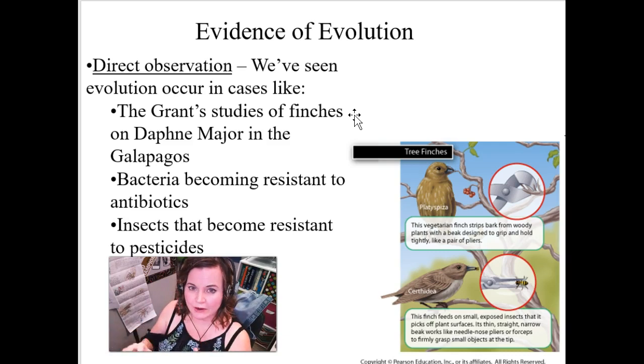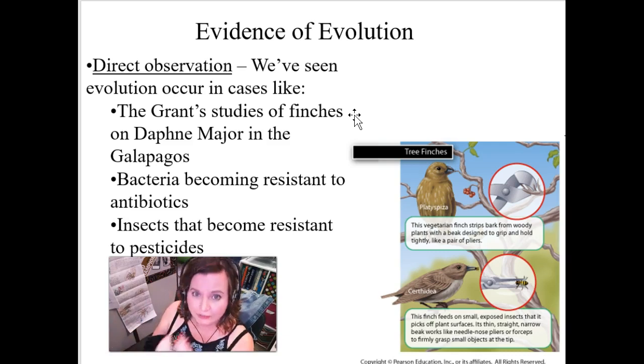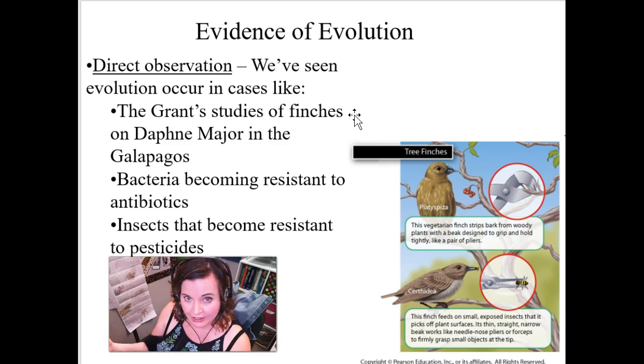Now, don't get me wrong. That doesn't mean the finches were growing new beaks of different shapes and sizes. Remember, the key first point here is that there's already variation in a population. Variation in a population due to different alleles, due to mutations that have occurred throughout time. And what this showed was during these years of major drought, the number of finches that had a larger beak, more capable of cracking open these seeds that were hard to get at, increased, right?